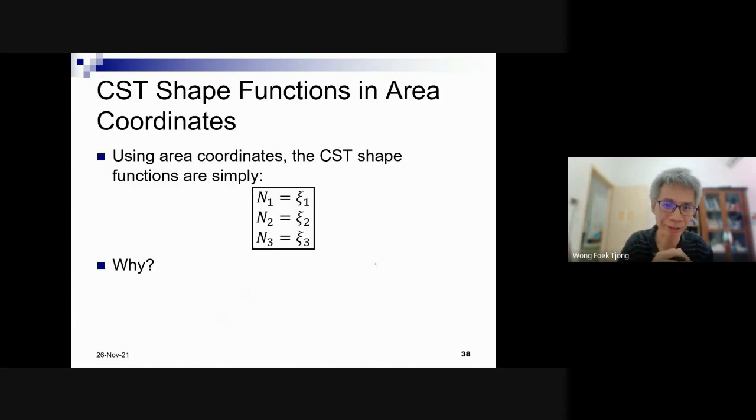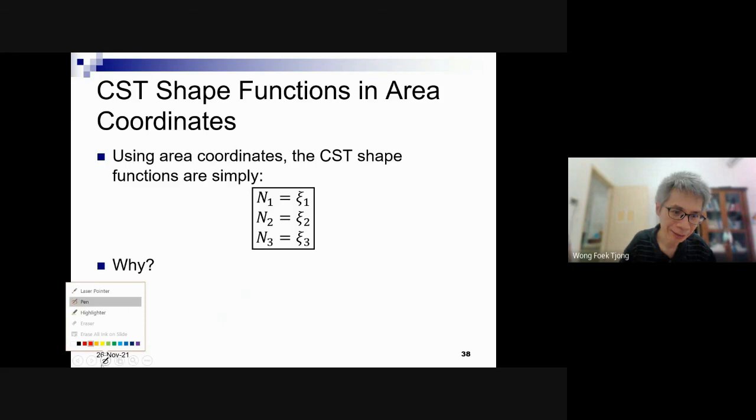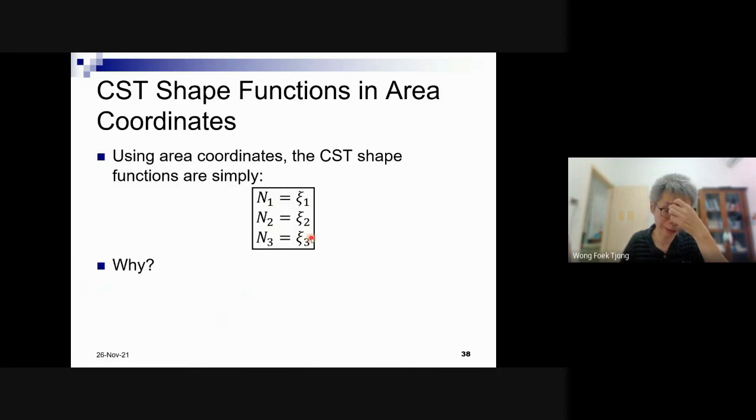But using area coordinates, you see that the shape functions we can express as just this one. So the shape function is just the first area coordinate. The second is the second area coordinate. So very easy to remember, right? Using area coordinates. Okay. Why can I write like this? Can anyone give answers?